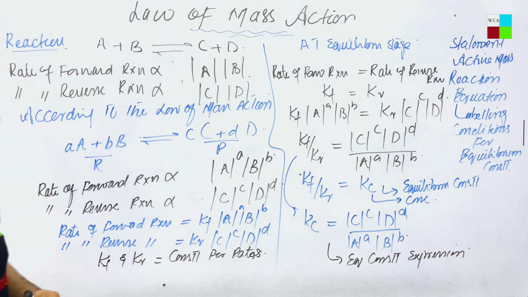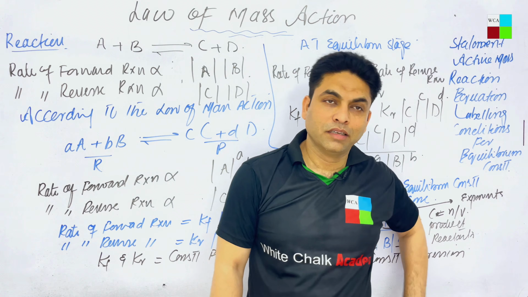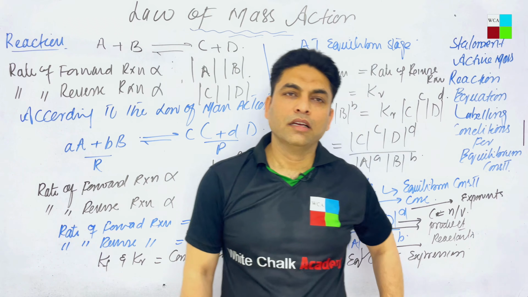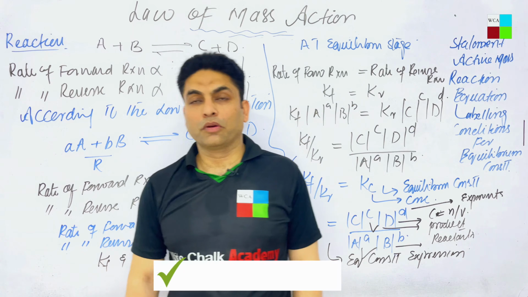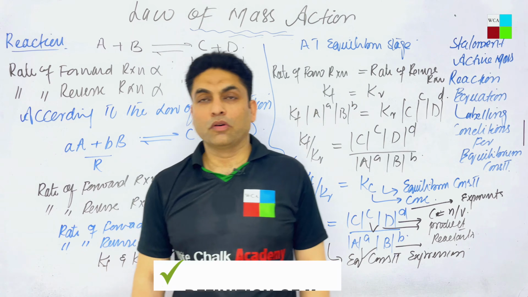Actually both of these are products, both of these are reactants. Okay, and this is an equilibrium constant expression. So now you can label this equation. After that we are going to discuss the definition of this chemical equilibrium constant expression. So take a screenshot and then we will move towards the next one.